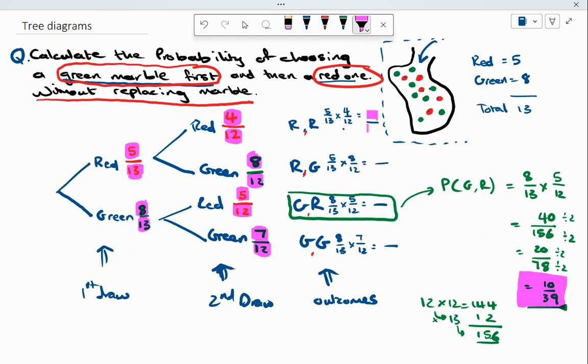Once you've calculated these probabilities, which I have not done, and you add them up, you'll see they all add up to 1 or 100%. All right, and then we have tree diagrams without replacement, meaning we remove the marble, but we do not put it back in the bag.